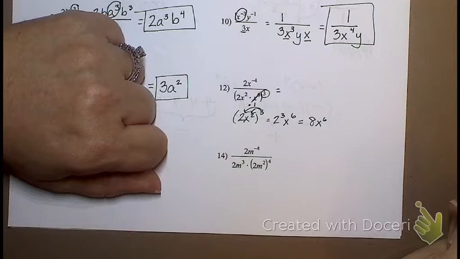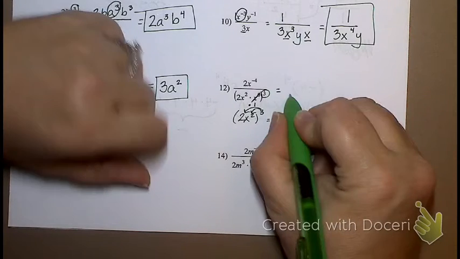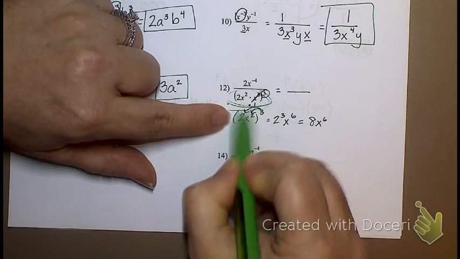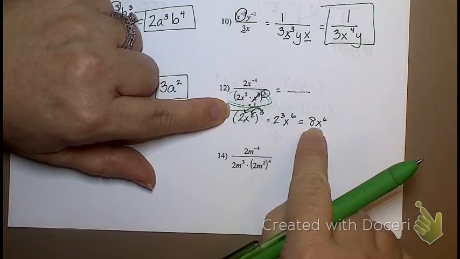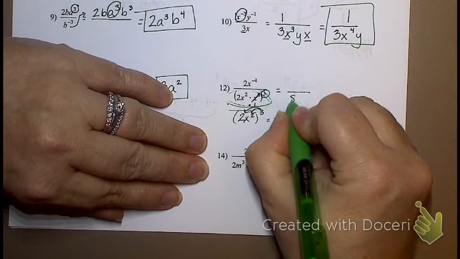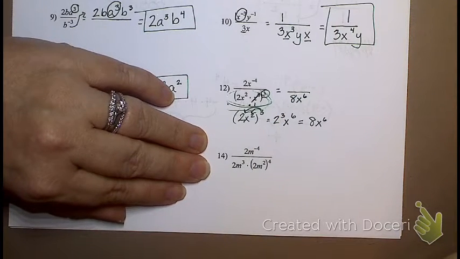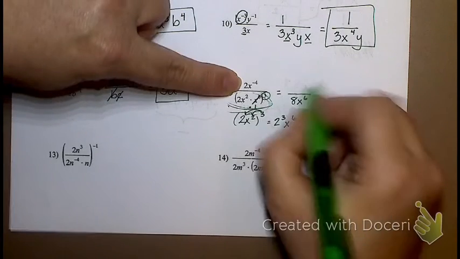Do you follow that? So, on the bottom, instead of writing this confusing thing, I've simplified it all the way down to 8x to the 6th.